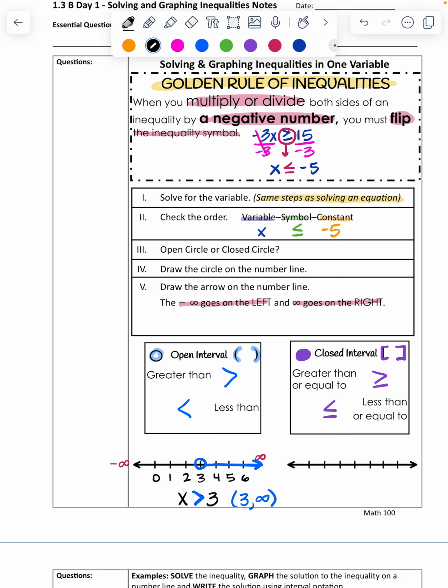Let's graph one with a closed interval. So for this, I'll do x is less than or equal to 3. So I'll make the same number line.